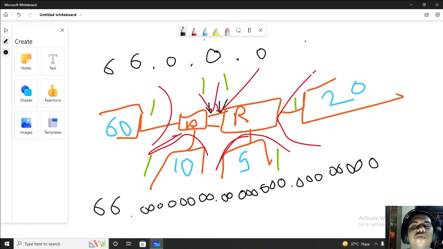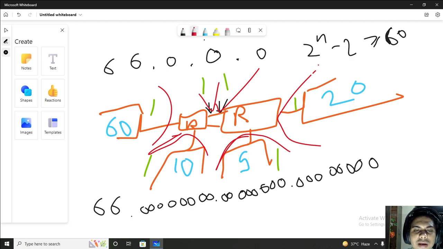Now there is a formula as I already told you, but I am telling you again. The formula is 2^n minus 2 greater than or equal to 60. What does this mean?